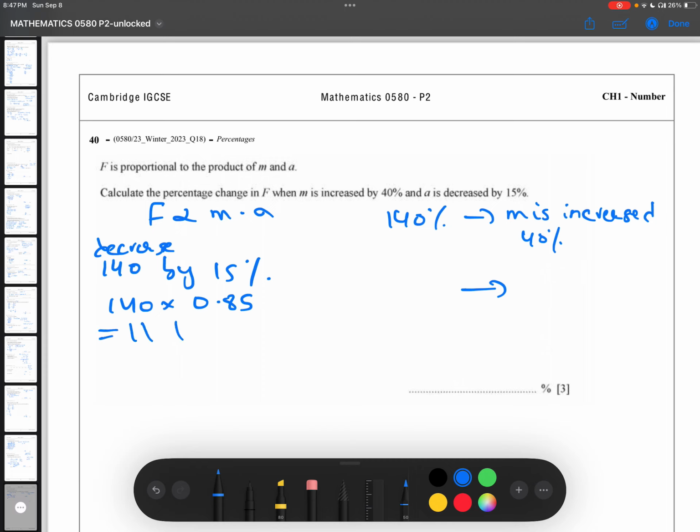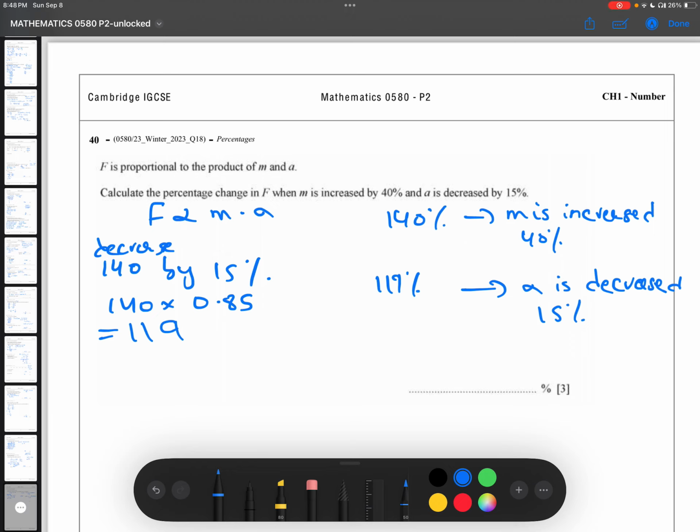Now this will be the force reaching 119% after A is decreased by 15%. I basically just decreased 140 by 15%.